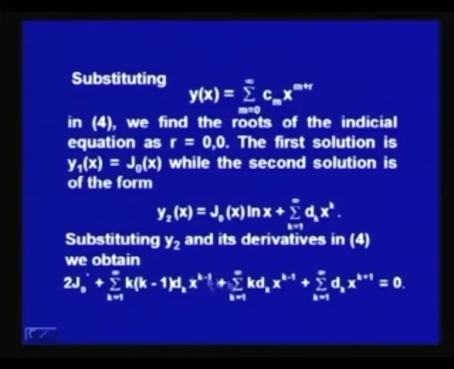Now, you can see in this equation the terms containing logarithm do not occur. This is because J0(x) is a solution of the Bessel's equation. So, all the terms which involve the ln x function vanish, and therefore, when you substitute y2(x) and its derivatives in equation 4, it reduces to this form.